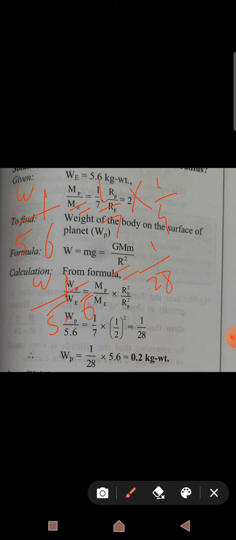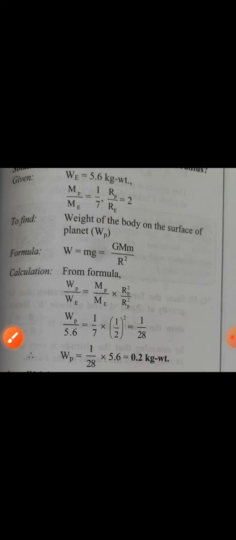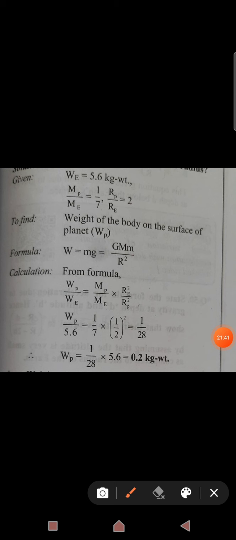Right, now this 56 will go there, then it becomes Wp is equal to 1 upon 28 multiplied by 5.6, and 28 ones are 28, 28 twos are 56, and after 1 point there should be the decimal, so it means 0.2 kilogram weight.